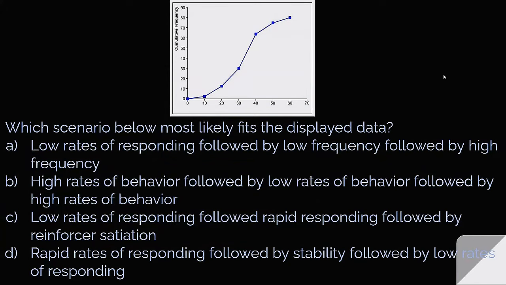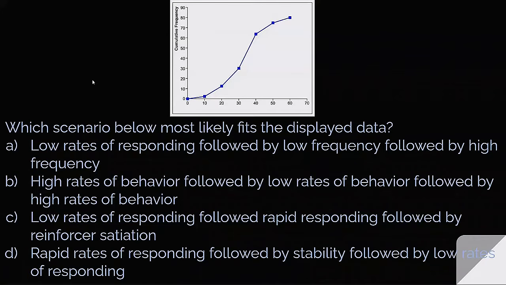Which scenario below most likely fits the displayed data? I hope you can see that. It's kind of a small chart, but the idea is still valid, and you don't have to get too detailed in there. Anyway, here are the options. A, low rates of responding, followed by low frequency, followed by high frequency.